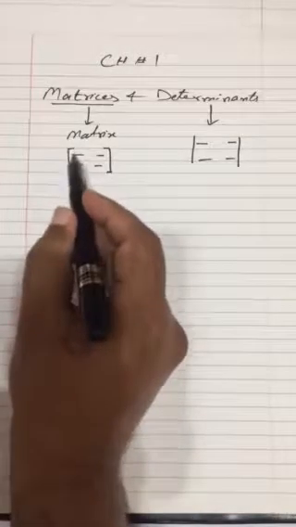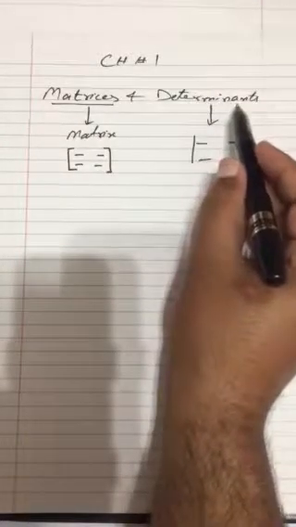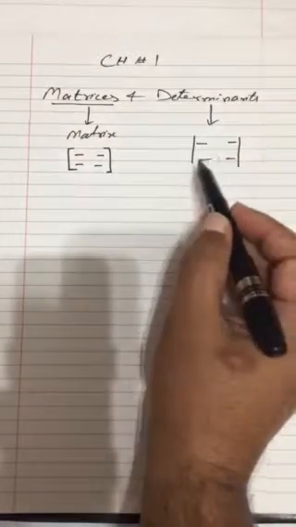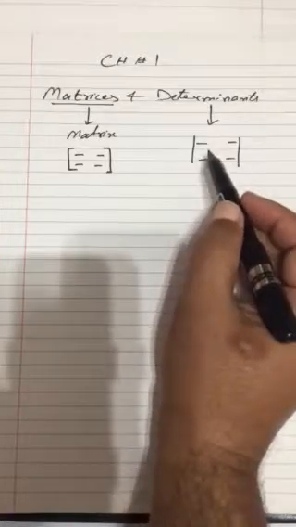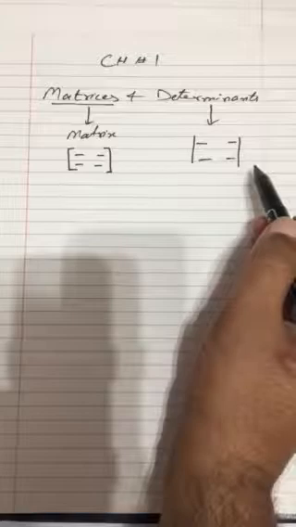Matrices, singular is matrix, are written using square brackets, and inside we write the entries, while determinants are written using straight lines and inside we show the entries.